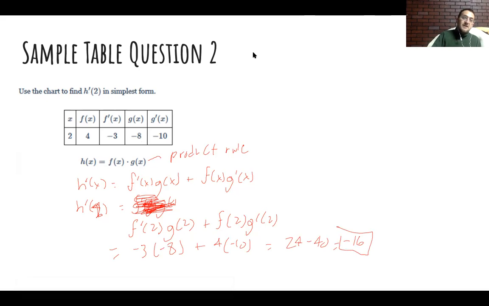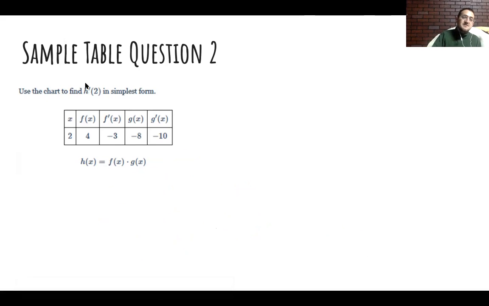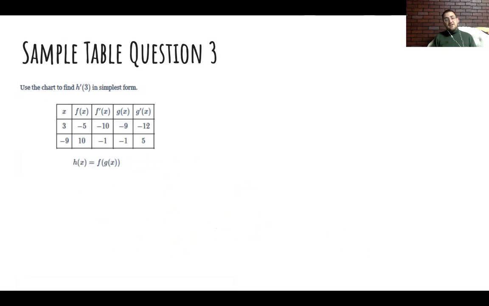So that's about mid-level. Let's look at advanced now. This is where you have the composition of functions. What I would do first is find h prime of x. This is the chain rule.